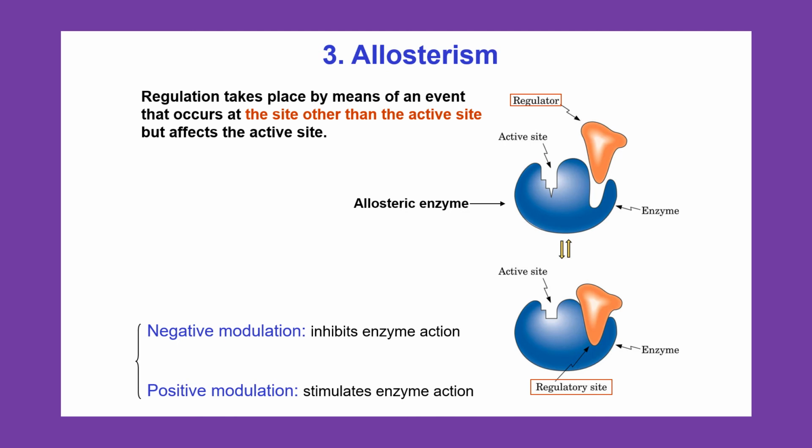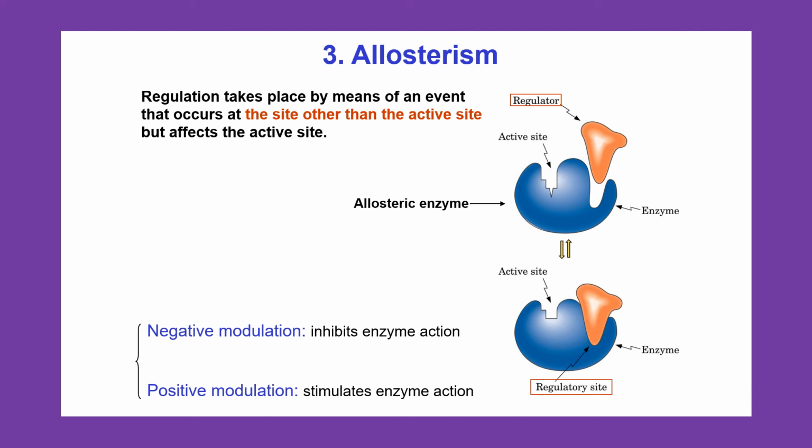Sometimes regulation takes place by means of an event that occurs in a site other than the active site, but that eventually affects the active site. This type of interaction is called allosterism, and any enzyme regulated by this mechanism is called an allosteric enzyme.